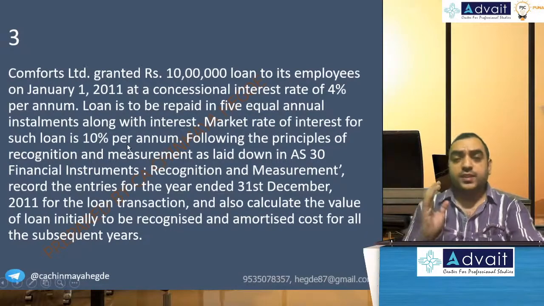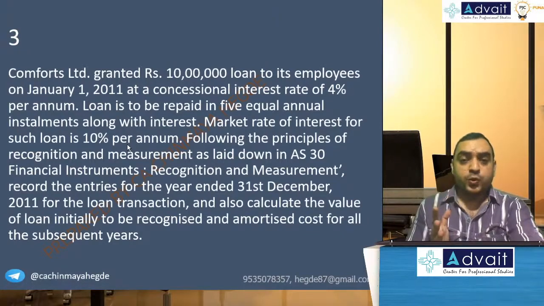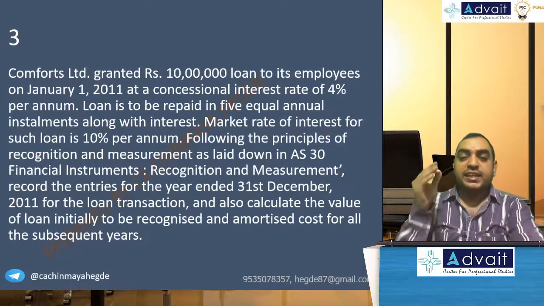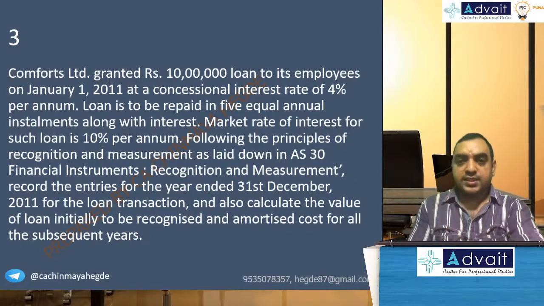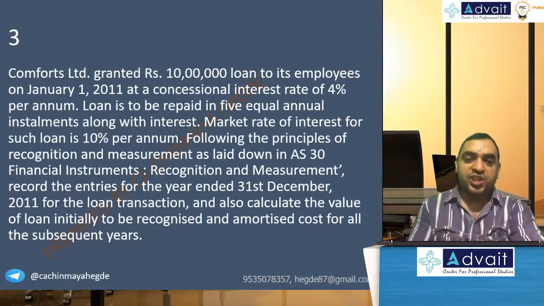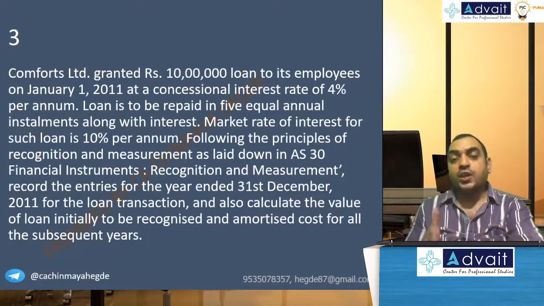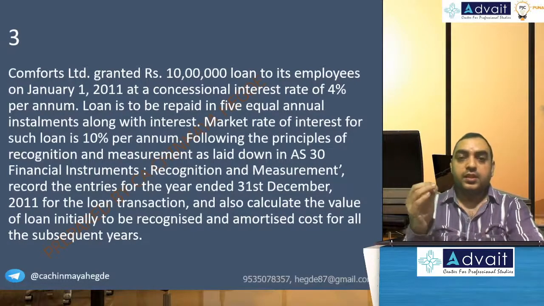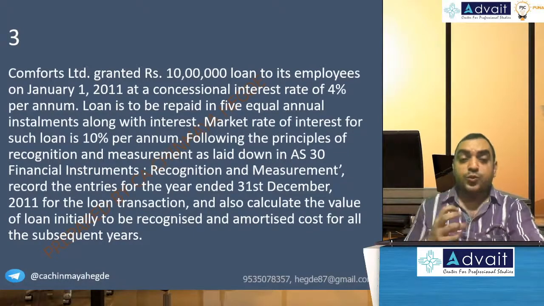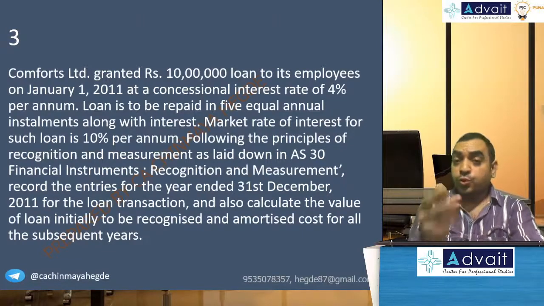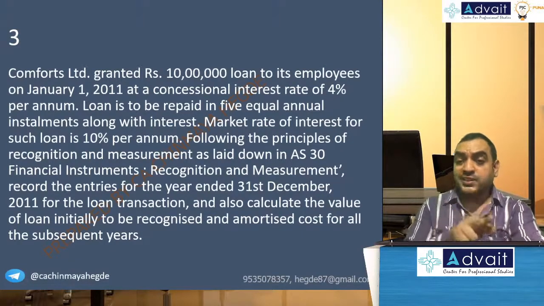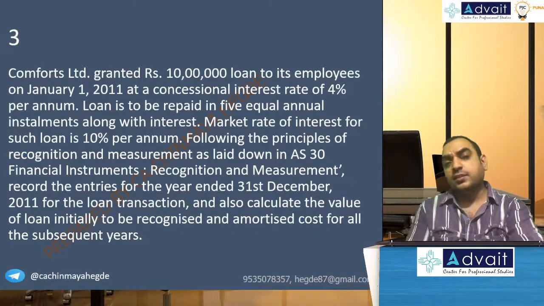Okay. So this is a very important question from the exam point of view. They have asked this question so many number of times. This is a situation where the transaction price is not equal to fair value, because if it is fair value they would have given the loan at 10% per annum, but because they are giving the loan only at 4% per annum, the transaction is not on market terms.